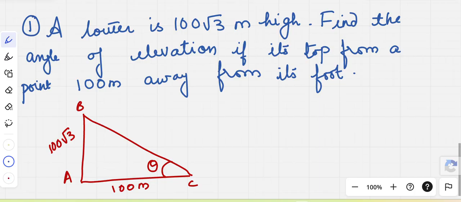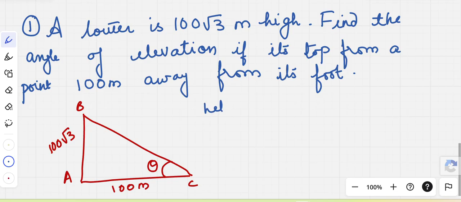So angle of elevation, when it's an unknown angle, we name it as theta. Now, which sides are involved? Opposite side and the base. So what theta ratio will help me? Tan. Exactly. And first, this diagram has to be explained.